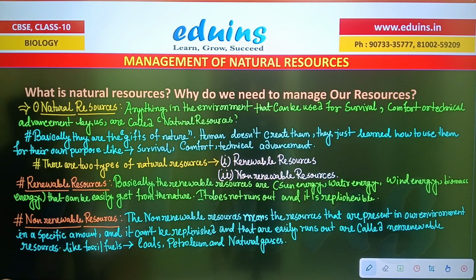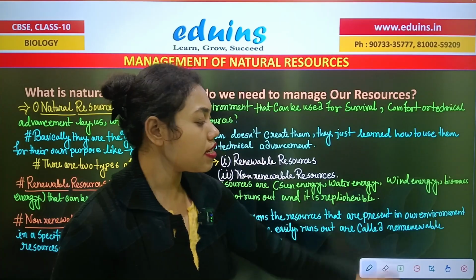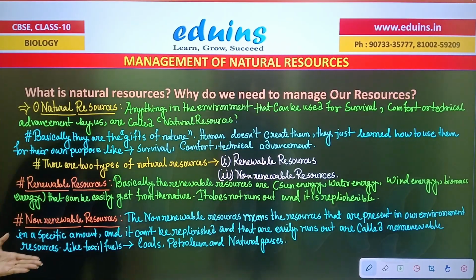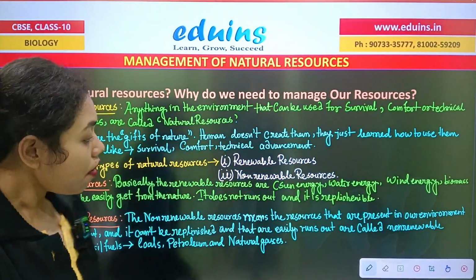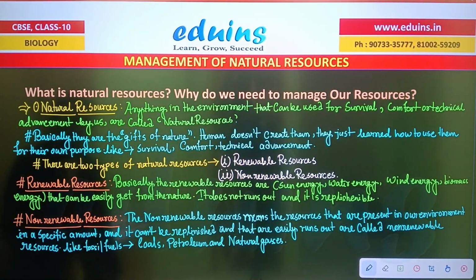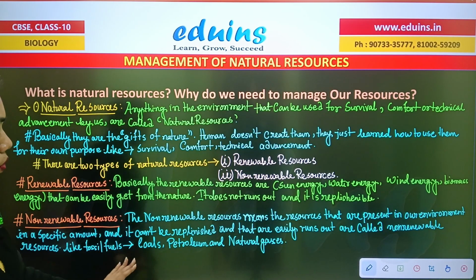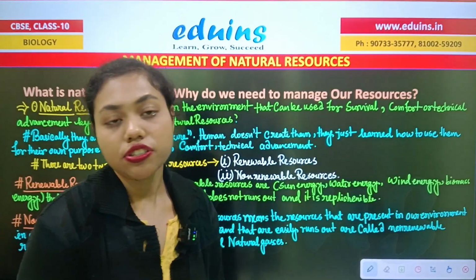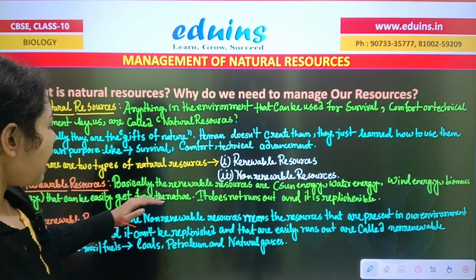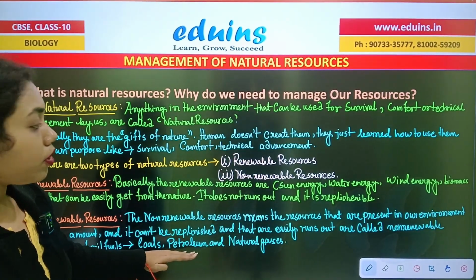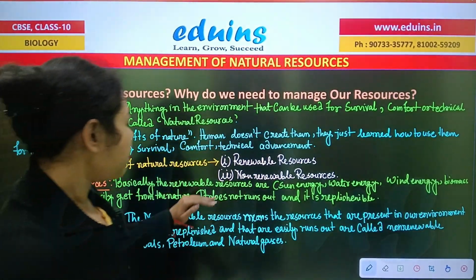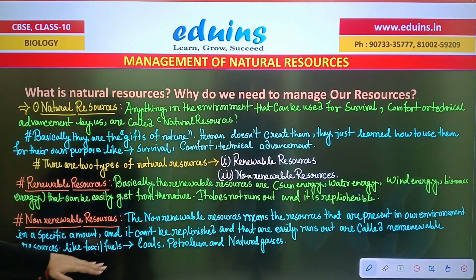Non-renewable resources means the resources that are present in our environment in a specific amount, can't be replenished and easily run out, like fossil fuels, coal, petroleum and natural gas. They are not environment friendly and they are the cause of air pollution.